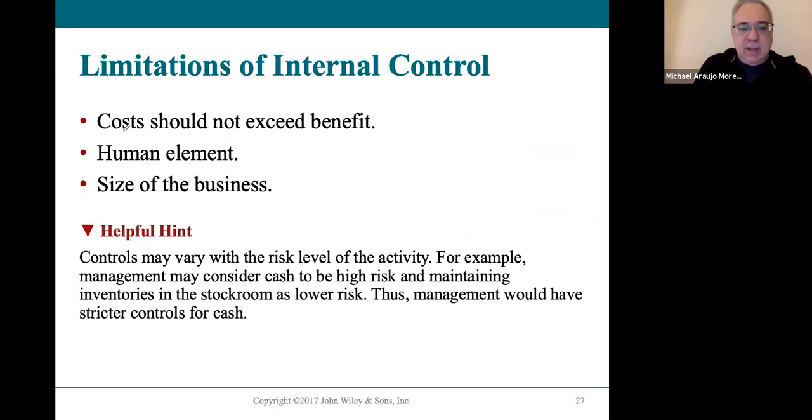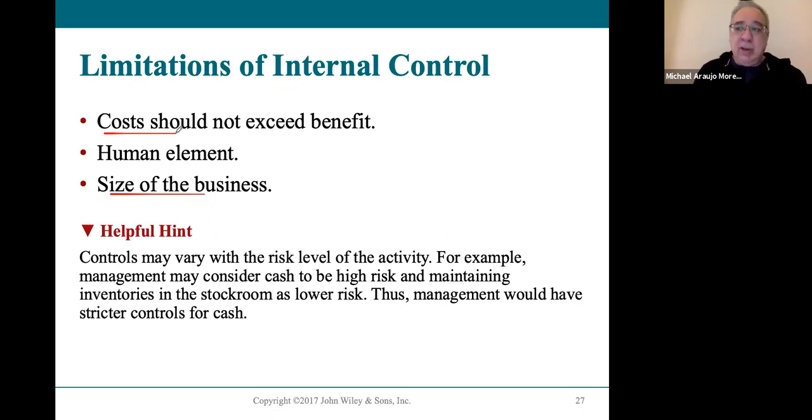Again, the size of the business matters, because internal controls are easier and less costly to implement when the corporation is huge, because you can break things up and put these things into place. What happens when you have a small corporation, maybe 5, 10, or 20 people? It's really hard to put controls in.